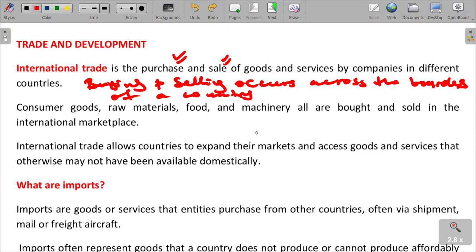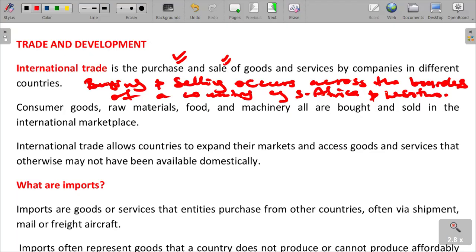But the moment it occurs, e.g., between South Africa and Lesotho, if ever that form of business transacting takes place, we call that international trade.